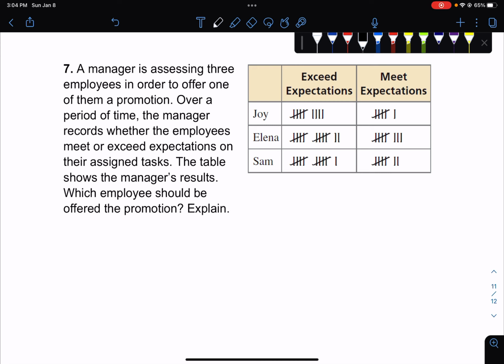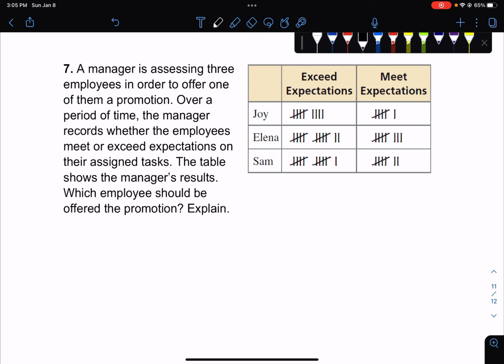All right, we've got 3 different employees: Joy, Elena, and Sam. And the manager is recording whether they meet or exceed expectations on their tasks. It wants to know which should be offered the promotion. So first of all, let's look at Joy.